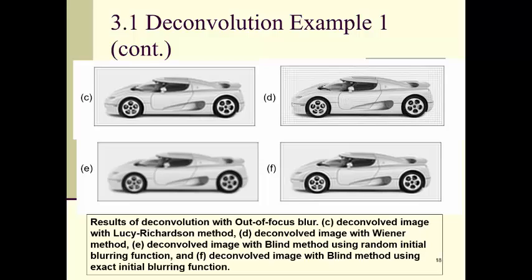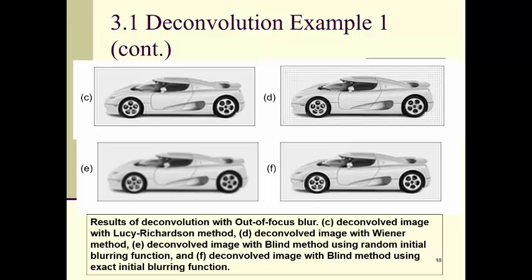And E is deconvolved using the blind method, using a certain random initial blurring function. So here he has assumed that the h has a random value. And here in the second case, he has used the same h that was used to blur the image. So the same h that I used in order to degrade the image was used here in order to restore the original image.